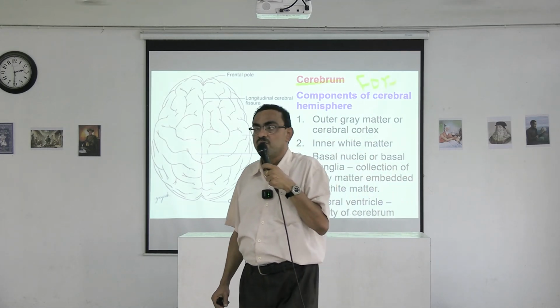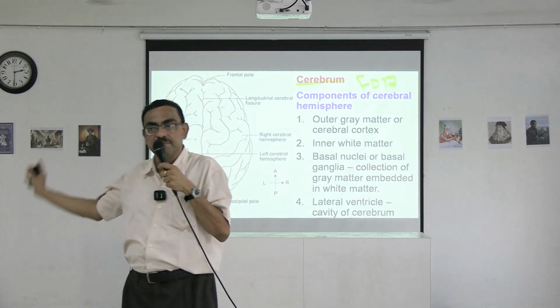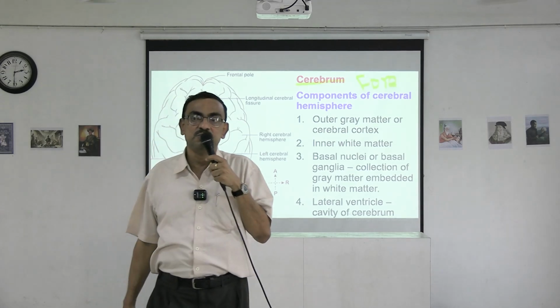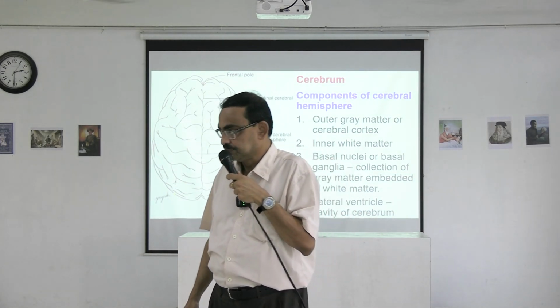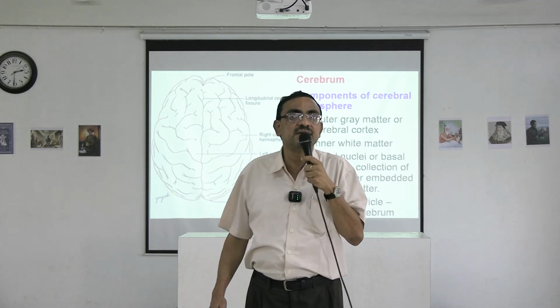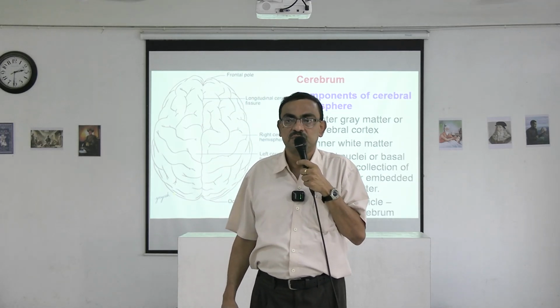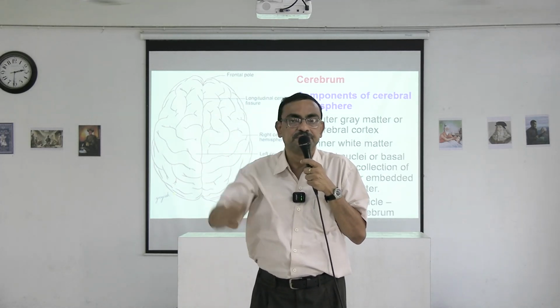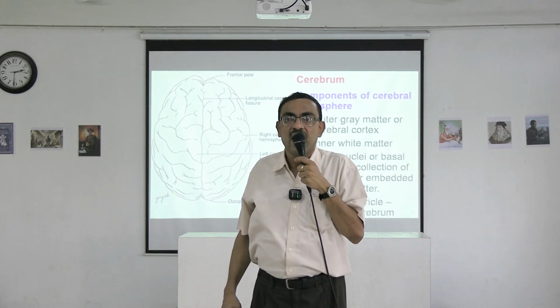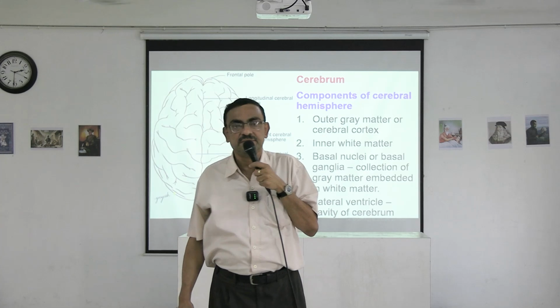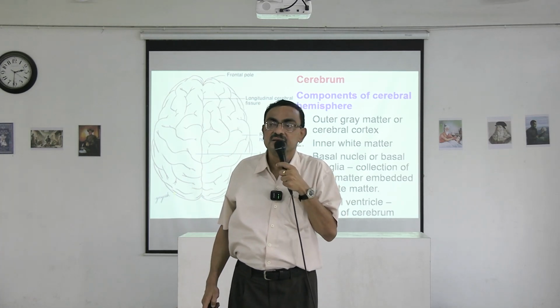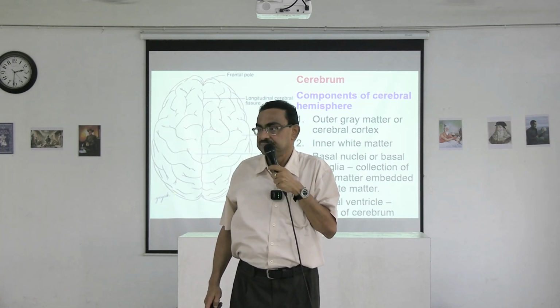So the forebrain comprises of cerebrum and thalamus, which is called prosencephalon. Next is the mesencephalon, that is midbrain, which is part of the brainstem, and rhombencephalon, that is the hindbrain, that is the pons and medulla.